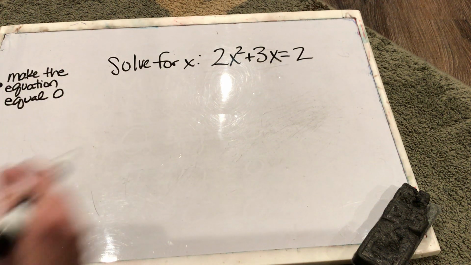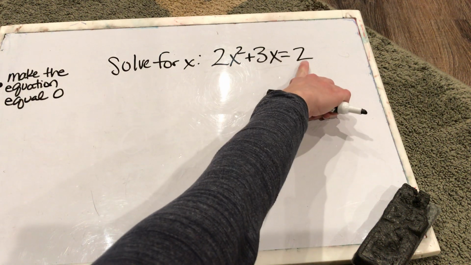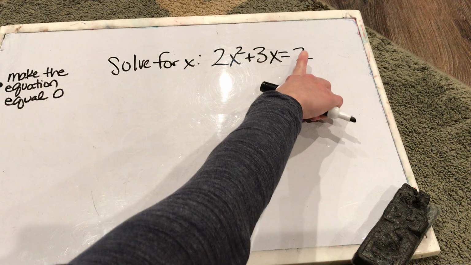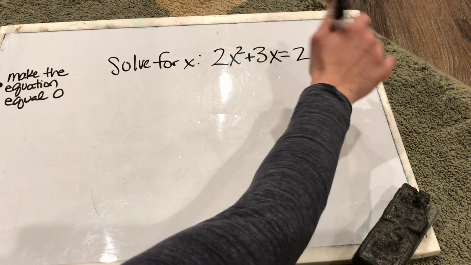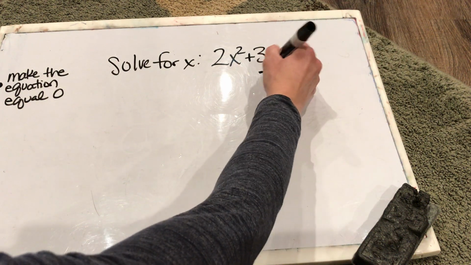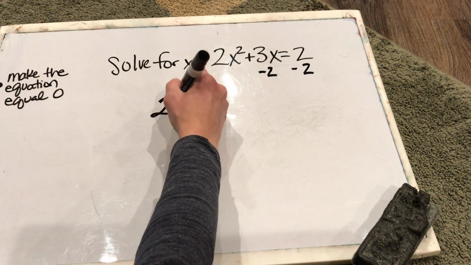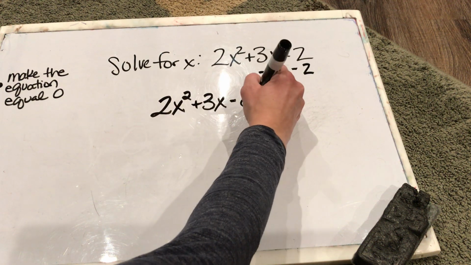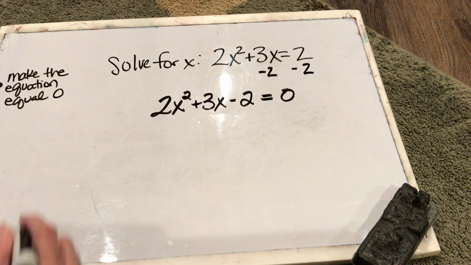That's always our first step. So to do that, I have this 2 on the other side. I have all of this on one side, 2 on the other. It's going to be easiest to move the 2 over. So I just subtract from both sides. I have 2x squared plus 3x minus 2 equals 0.